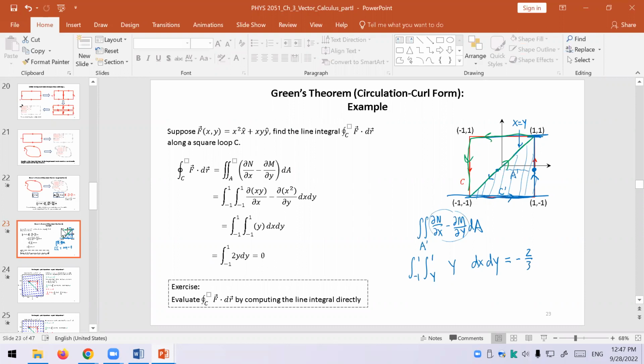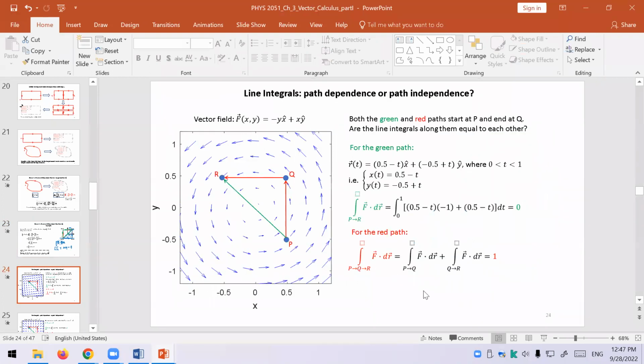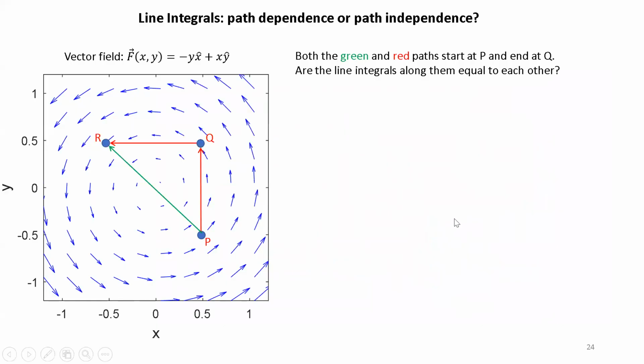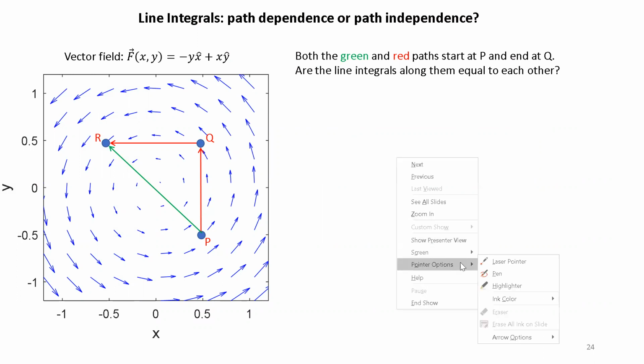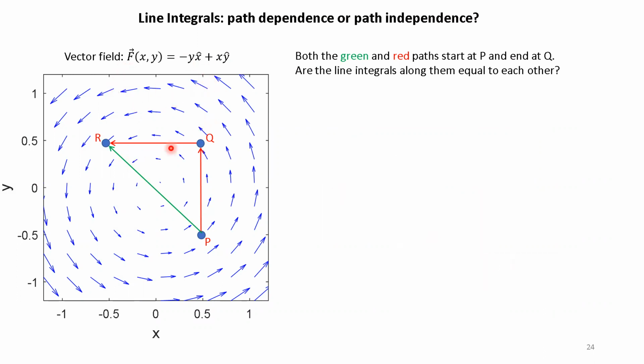Okay. But before addressing that issue, let's consider the line integral from one point to the other, not a closed path now, just from one point to the other. And the question is whether this line integral depends on the shape of the path that we take. So here, again, you can see that I have this simple vector field that I showed you at the beginning of this chapter.